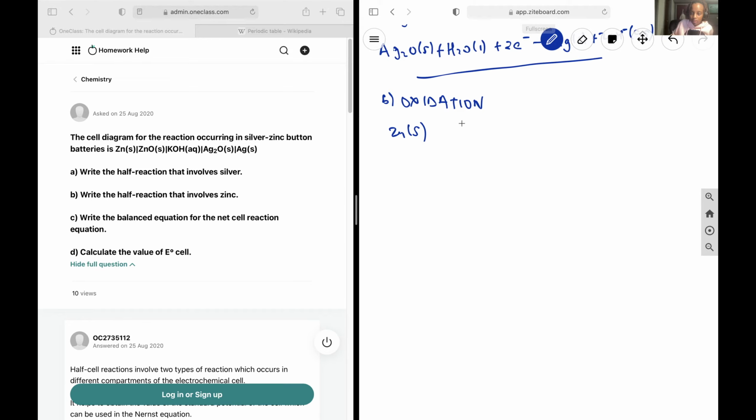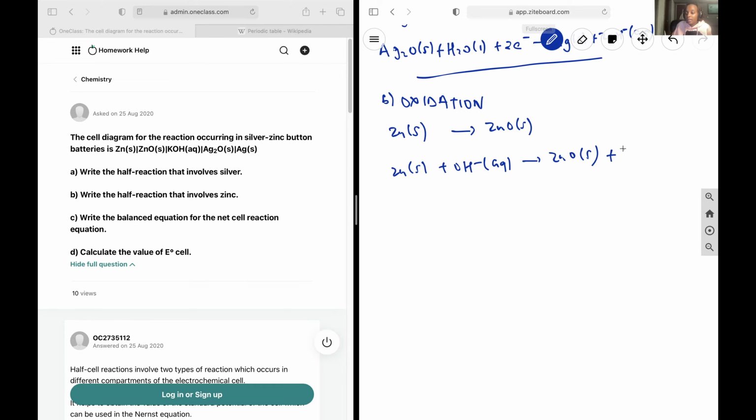And so from our cell diagram, we know solid zinc is becoming solid zinc oxide. First up, we're going to want to balance oxygen. We're balancing oxygen with hydroxide ions because of the basic solution. So OH minus in aqueous solution becomes solid zinc oxide. Next up, we want to balance the hydrogens.